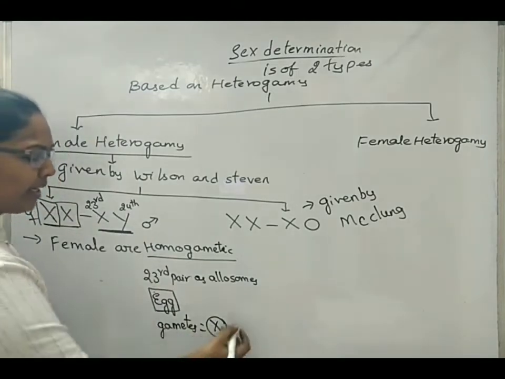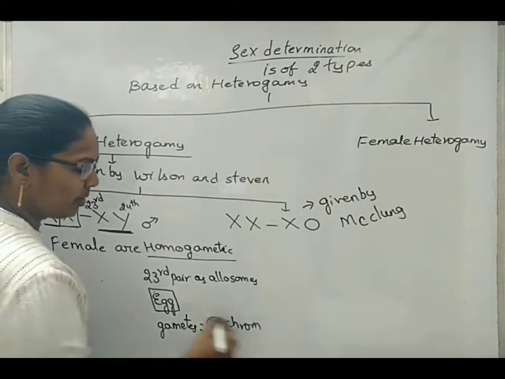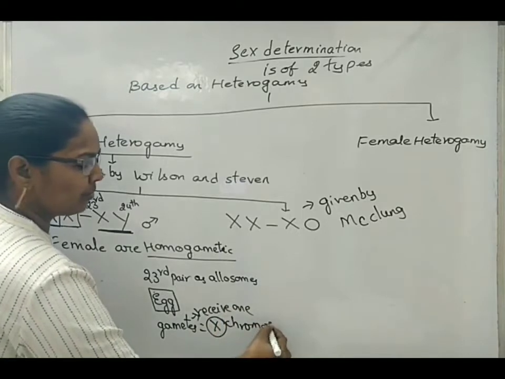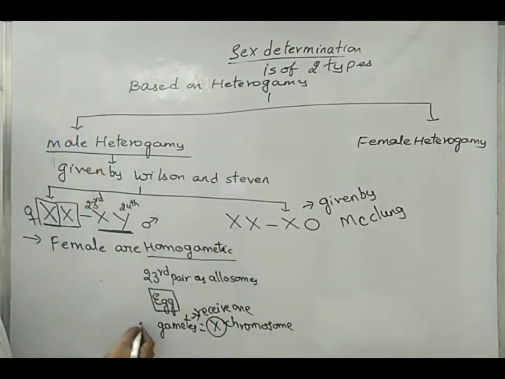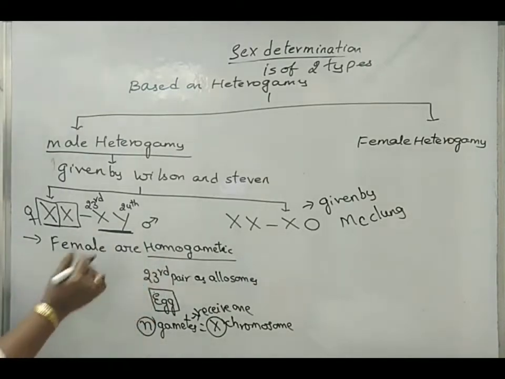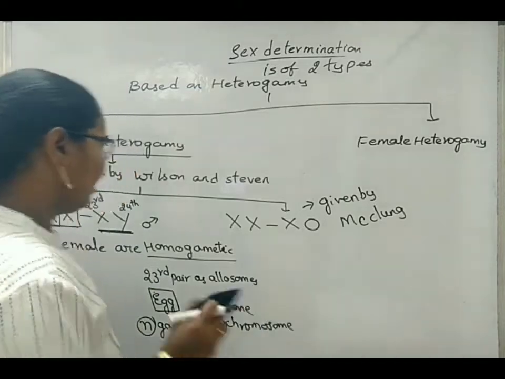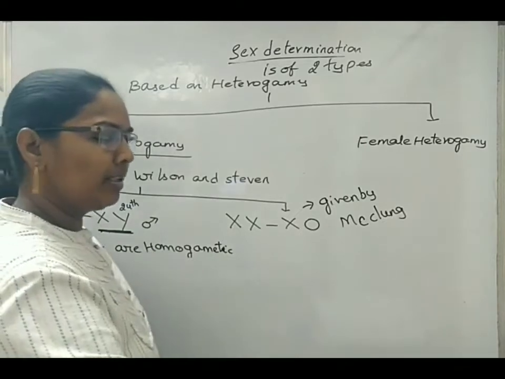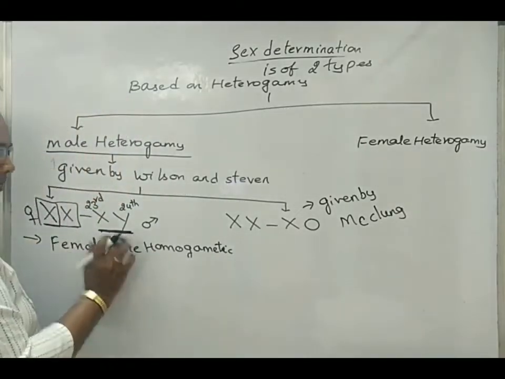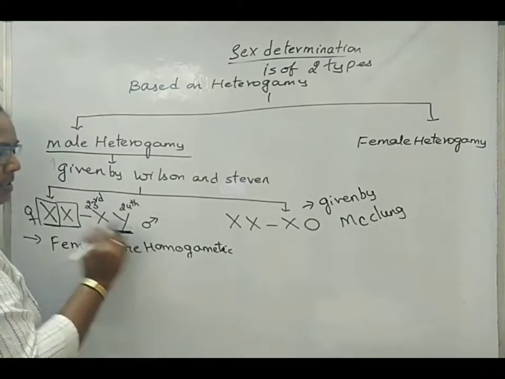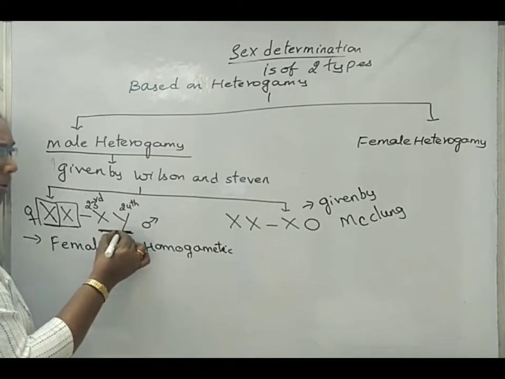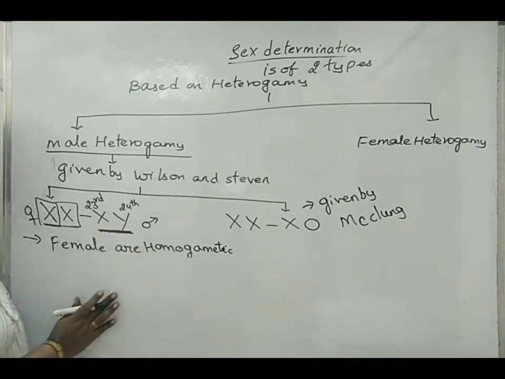So we write: gametes receive one X chromosome. So we say gametes are haploid. So females are homogametic, but males, since we are seeing two different types of chromosomes, X chromosome and Y chromosome, we can say are heterogametic, or their condition is a hemizygous condition.